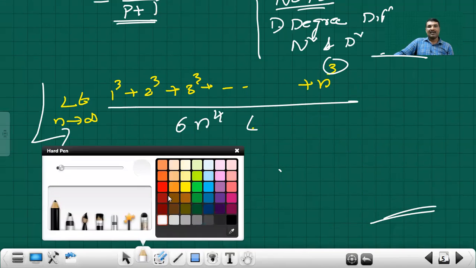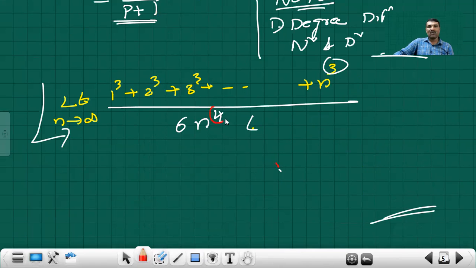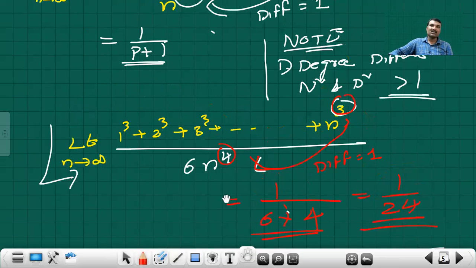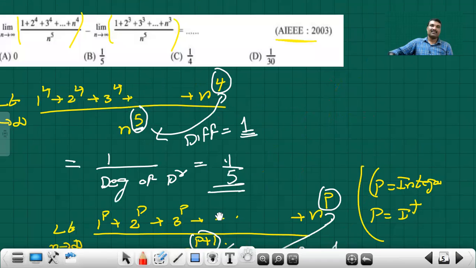Now here it is 4 and 3. The difference is 1. Then the answer becomes 1 by 6 into the degree of denominator, that is 4. So the answer becomes 1 by 24. We can use this concept over here.